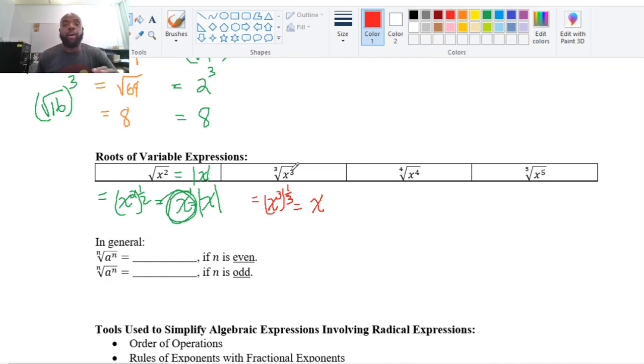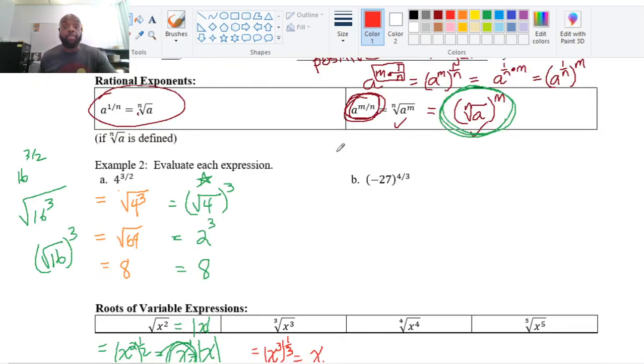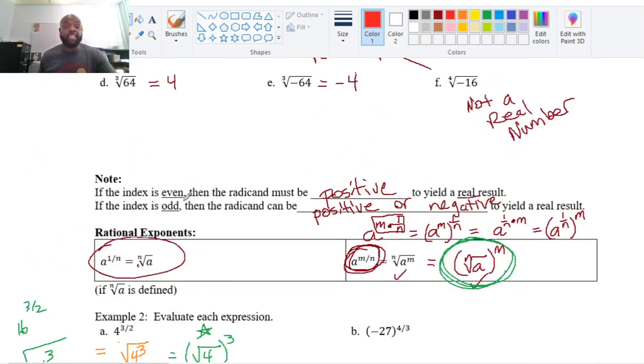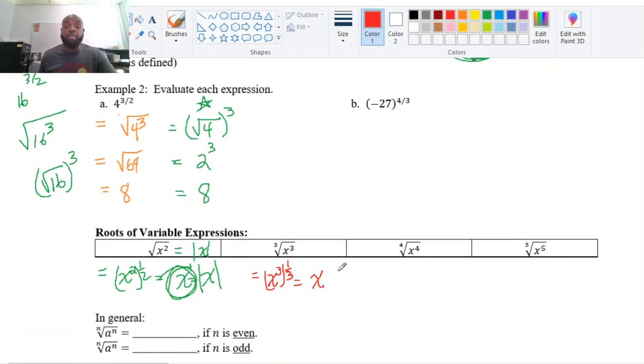With an odd index radical, we don't need whatever is under that radical to be positive or negative, right? We just wrote that down up here. If the index is odd, then the radicand can be positive or negative to end up with the real result. And the real result can be positive or negative. And so since this can be positive or negative, I don't need an absolute value here. So that's going to be x.